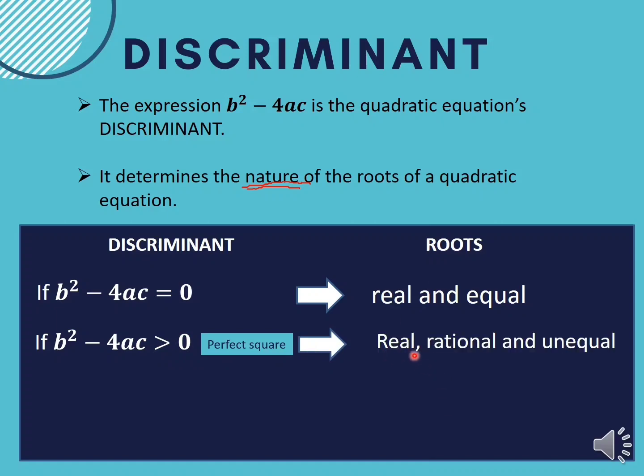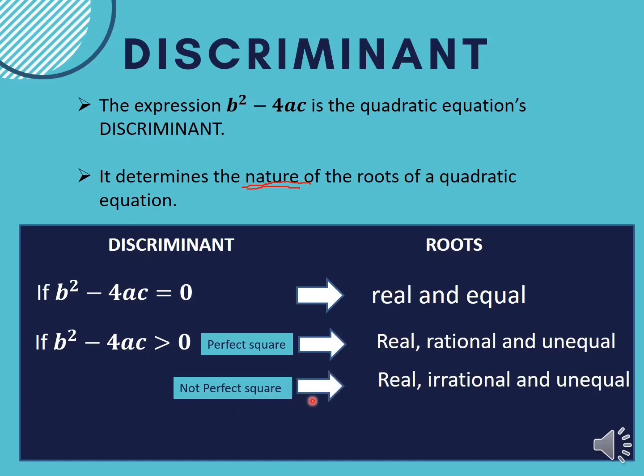If ever the discriminant is a perfect square number, then ang roots natin will be real, rational, and unequal. It is a rational number and the two roots are unequal. Ibig sabihin, magkaiba yung value ng ating x sub 1 at x sub 2. How about if we get a not perfect square? If the discriminant that is greater than 0 is not a perfect square, therefore, our roots will be real, irrational, and unequal.